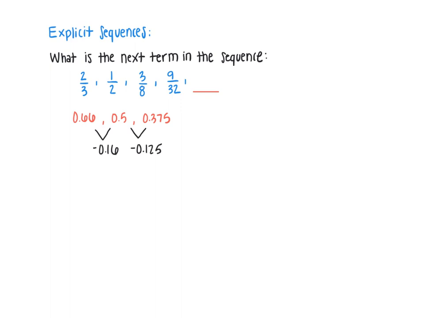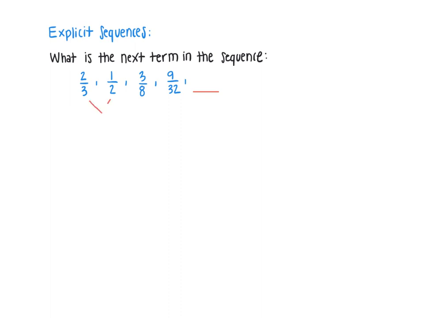So clearly the relationship between these fractions is not determined by subtracting them from each other. So another option that I have is I could maybe try to divide the fractions by each other to see if that gives me the relationship. So this is going to require a little bit of math, and I can't use my decimal approximations because it's not going to give me the correct answer. So I'm just going to go ahead and use the actual fractions.